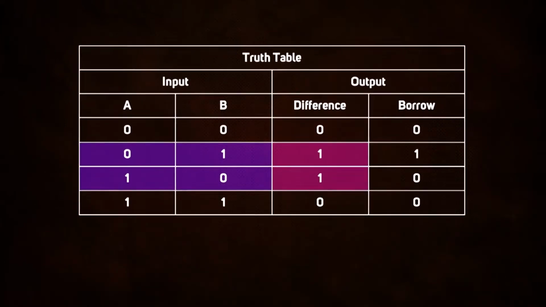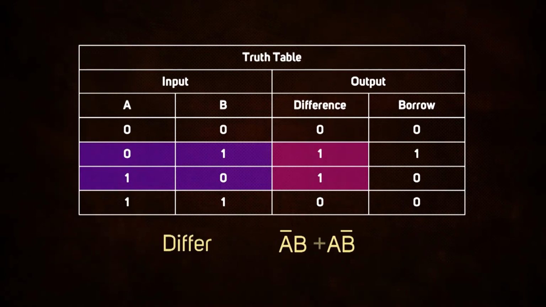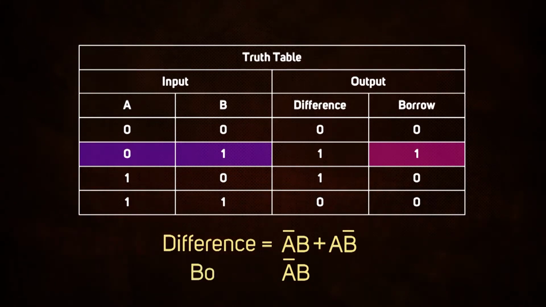So, the corresponding min terms are A complement B and A B complement respectively. So, the logical expression for difference is difference equal to A complement B plus A B complement. The borrow is 1 when A equal to 0 and B equal to 1 and the corresponding min term is A complement B, and that itself is the expression for borrow. So, borrow equal to A complement B.